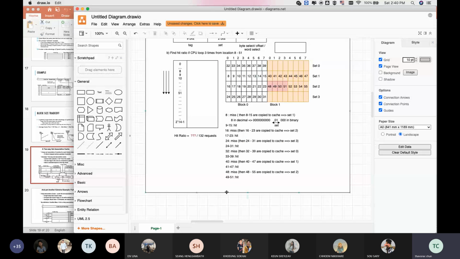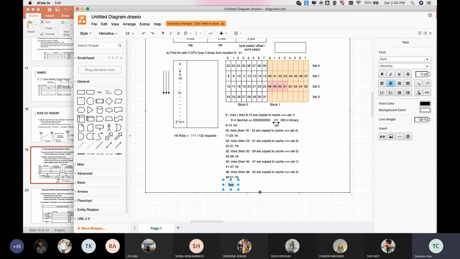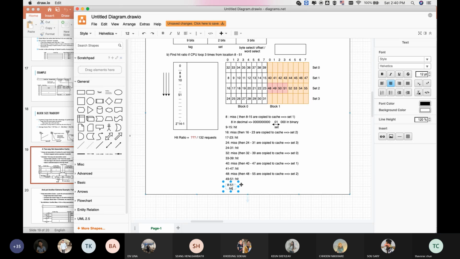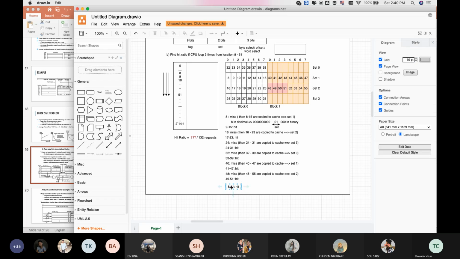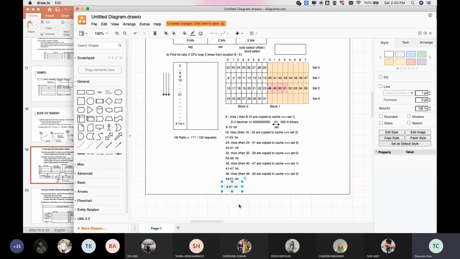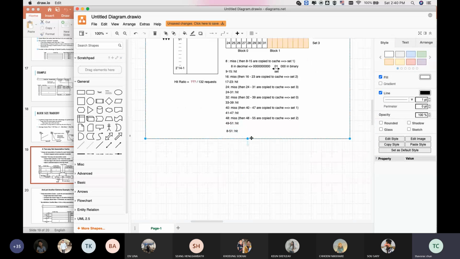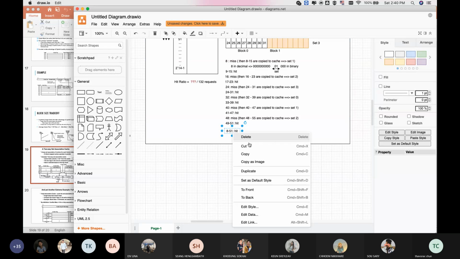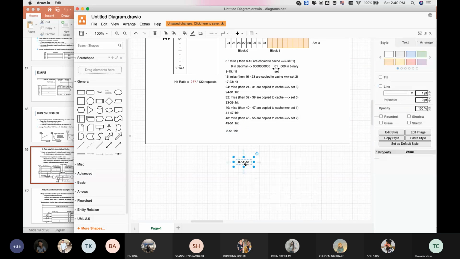So we are sure that in the second and third loop, from 8 to 51 are all hits. This is the second loop, and this is the third loop.